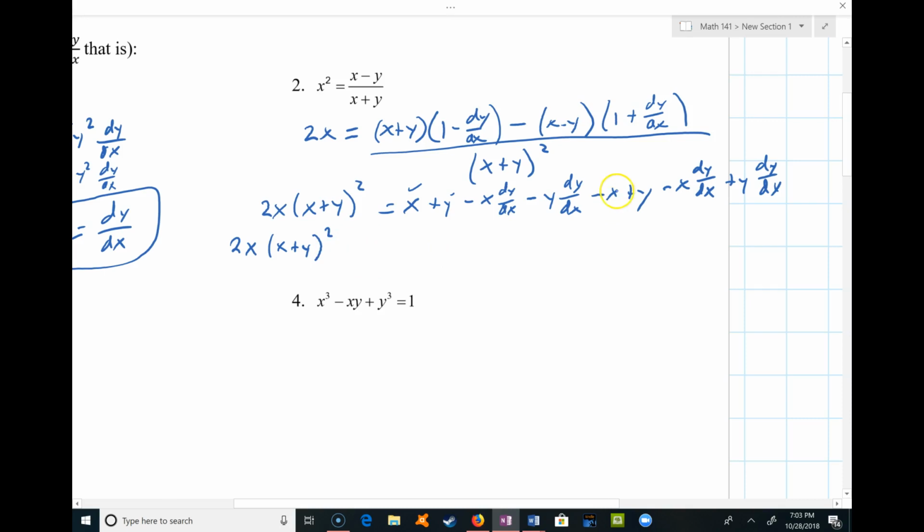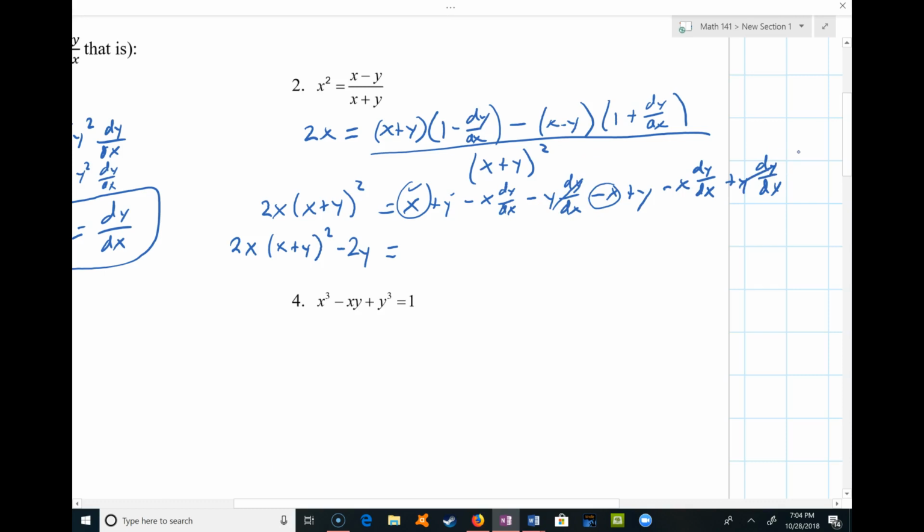So that negative x and that positive x will cancel out. So really all we have is these 2 y's, don't we? So the only thing that shows up over here is a negative 2y. There we go. The rest of the stuff has dy dx in it. And actually notice that this negative y dy dx and that positive y dy dx, they cancel each other out, don't they?